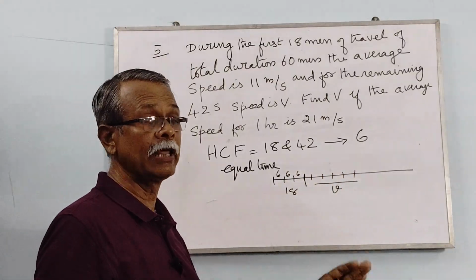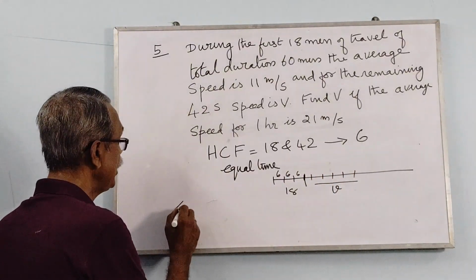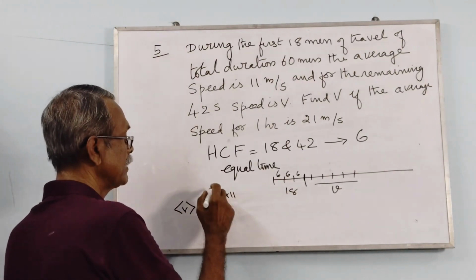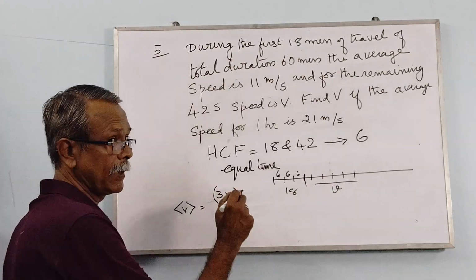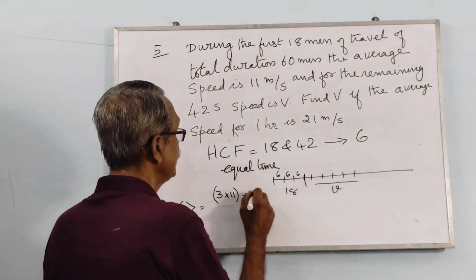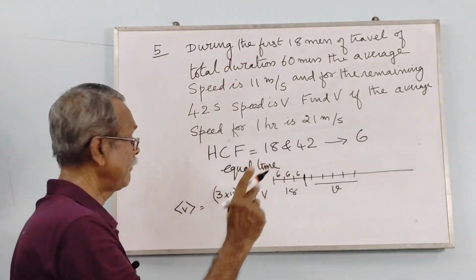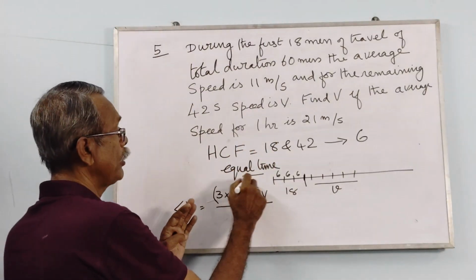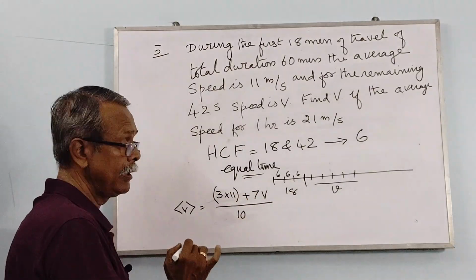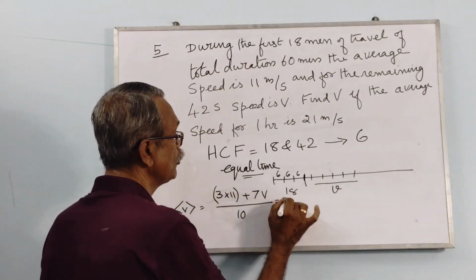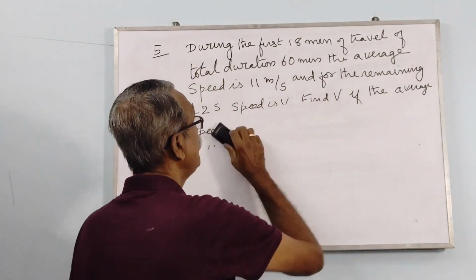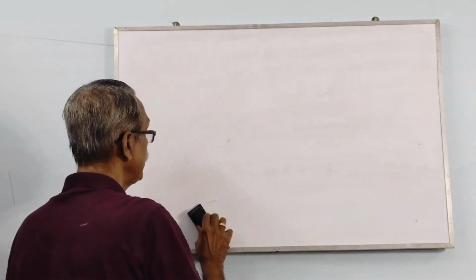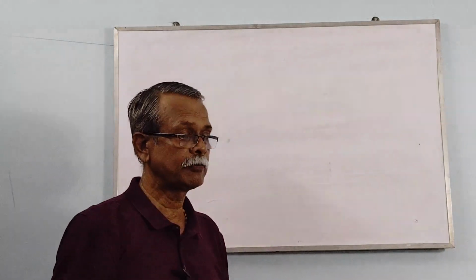There are 10 intervals in total. Therefore, 21 will be equal to 3 multiplied by 11, plus 7 multiplied by V, divided by 10. This is for equal time intervals, so you take the arithmetic mean. It is converted to an equal time situation where the average velocity can be calculated by simply taking the arithmetic mean.